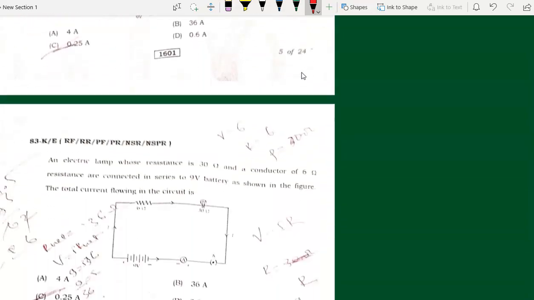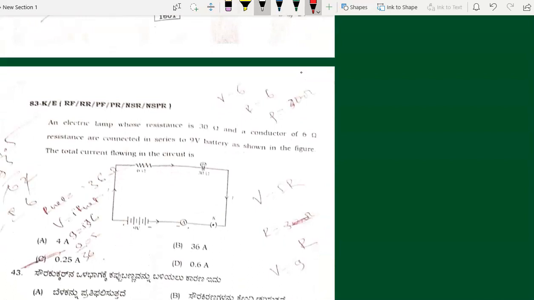42nd question. Okay, here an electric lamp whose resistance, see here, totally there are two resistors connected in series. This is 6 ohm, this is 30 ohm.